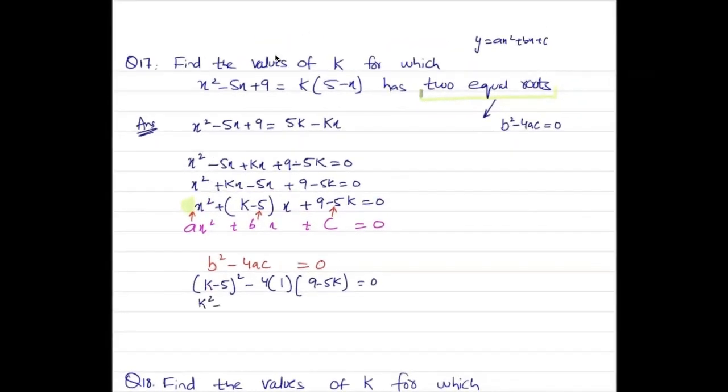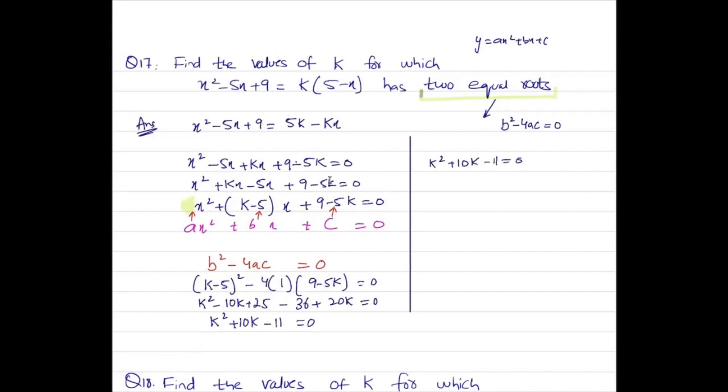This is going to be k squared minus 10k plus 25 minus 36 plus 20k. So k squared plus 10k minus 11 equals 0, right? Now solve this equation for k. You can use factorization or the quadratic formula. Give me the two values of k.